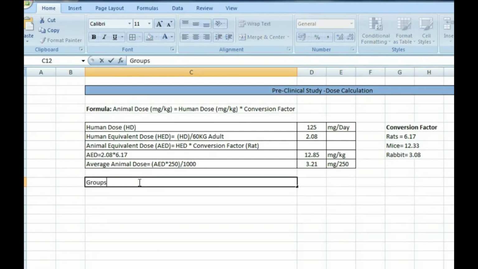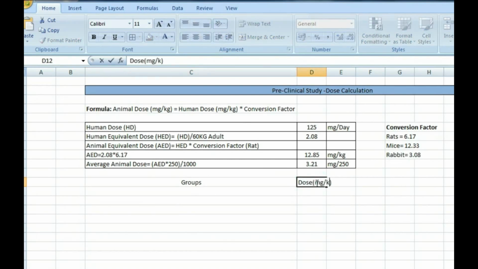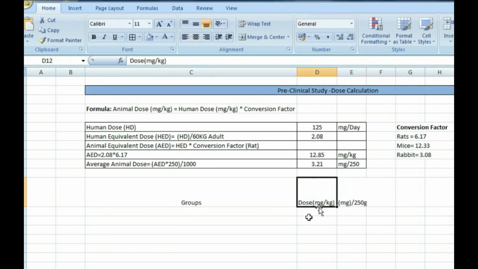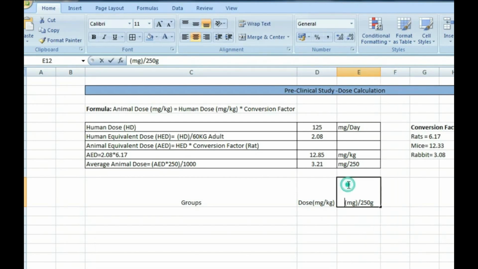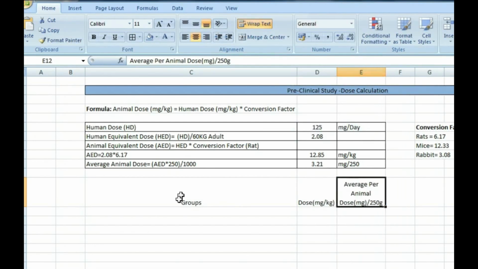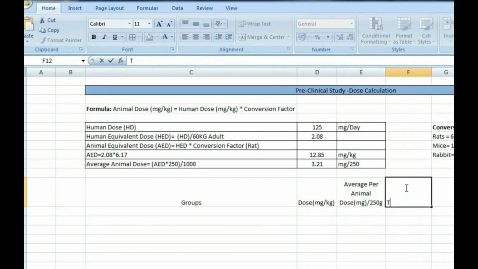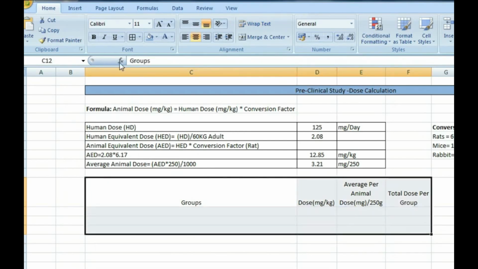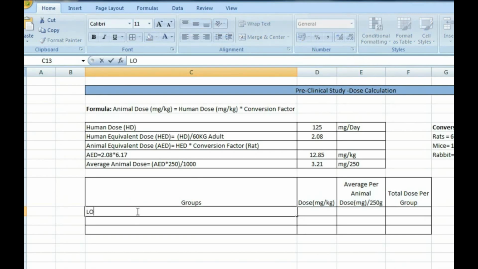The first column is for group, the second is dose mg per kg, then per animal dose, the third column average mg per kg, and lastly total dose per group. Suppose in one group there are 5 animals, so the total dose, whatever concentration we are going to give, we have to decide in that last column.